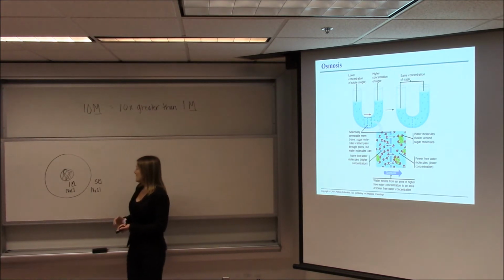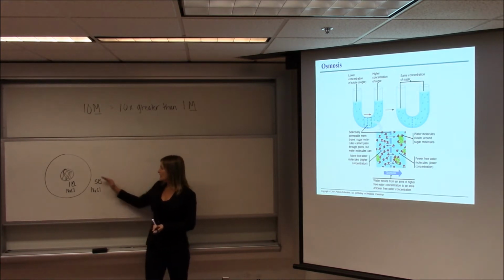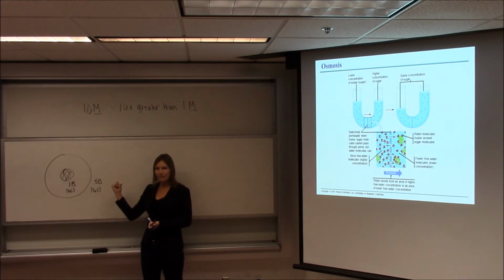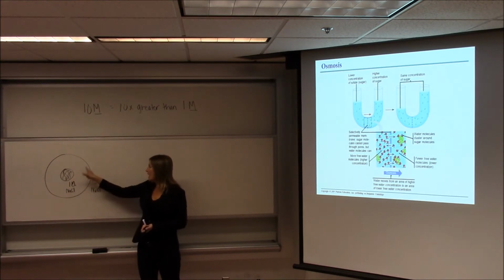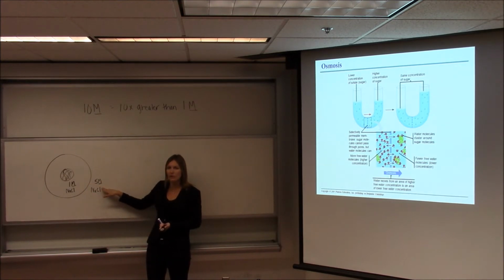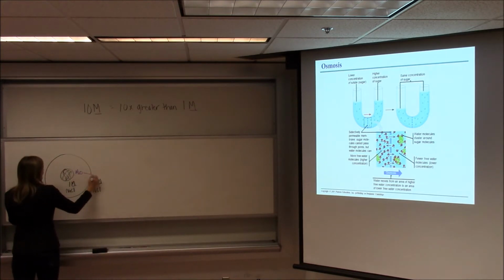So if we're trying to dilute where it's higher, do you think water is going to tend to move into the cell or out of the cell? It's going to tend to move out of the cell, toward where the solute concentration is higher. So water is going to move out of the cell.